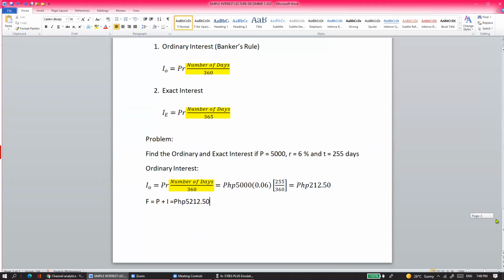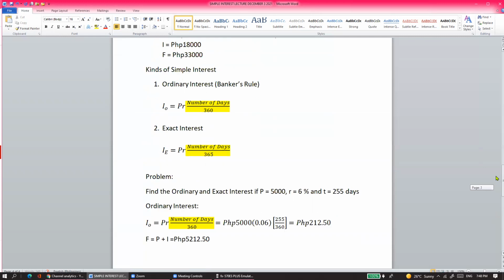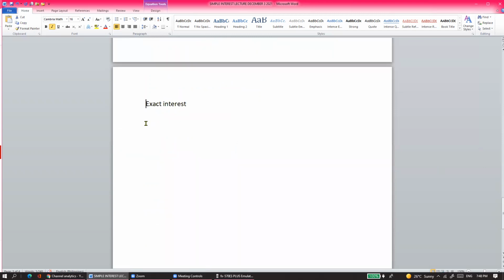Now, what if what is being asked is the exact interest? So, this one is for the exact interest. Look at it, anak. The only thing that changed is the formula. So, I'll copy this. The formula is the only difference.